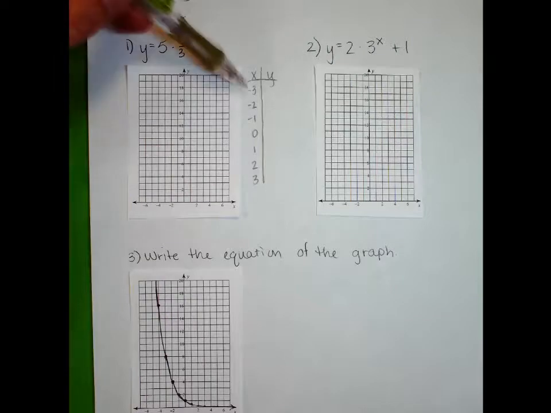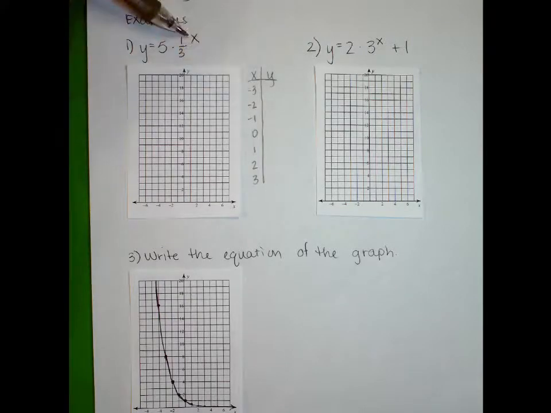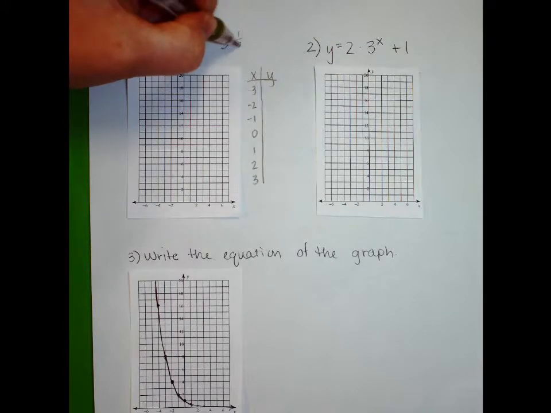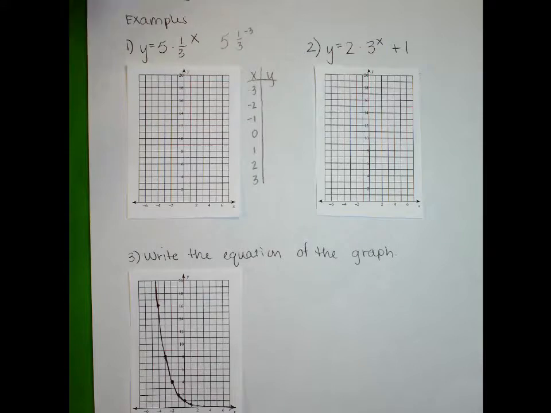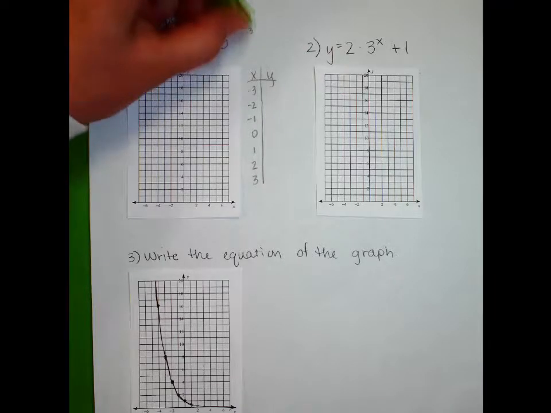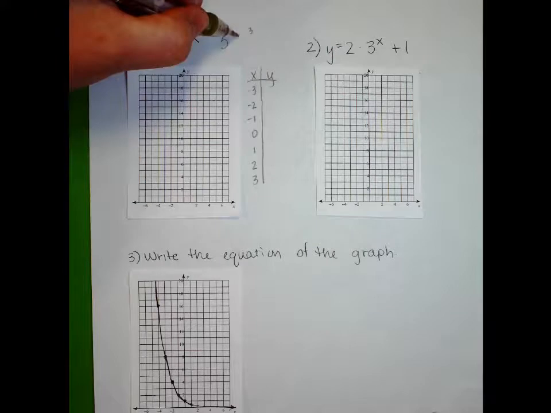So when we plug -3 in for x, we end up with 5 times 1/3 to the -3. The negative sign just tells you to take the reciprocal. So if you take the reciprocal of 1/3, you get 3/1, which can just be written as 3.